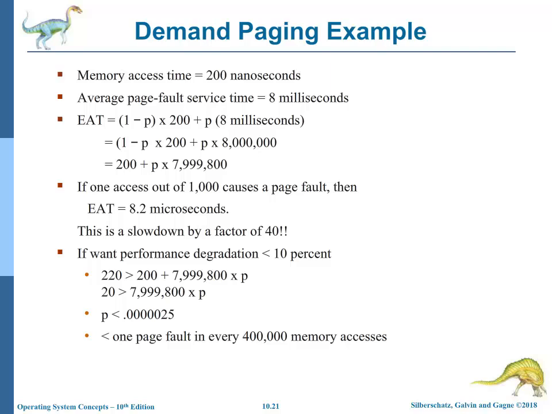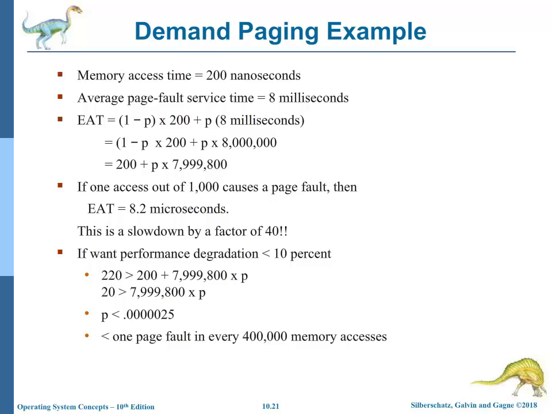In order to keep the slowdown less than 10%, the page fault rate must be less than 0.000025, or 1 in 399,990 accesses.